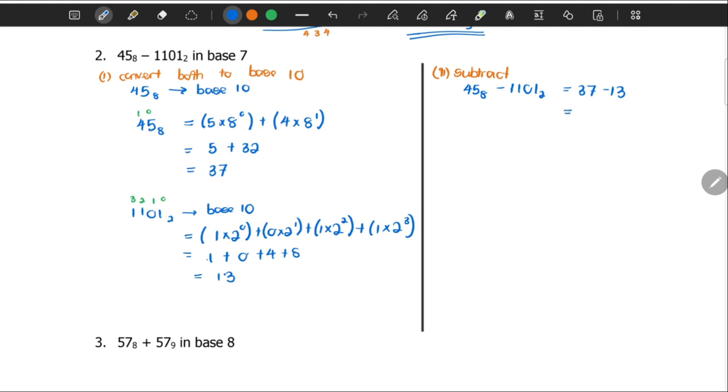Because they're both in base 10. And that's going to give us 24.